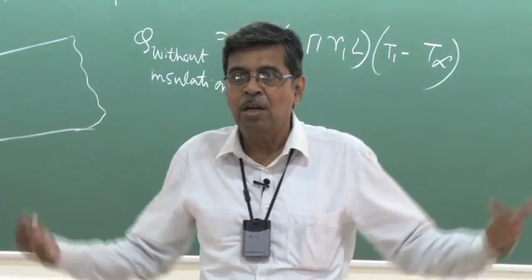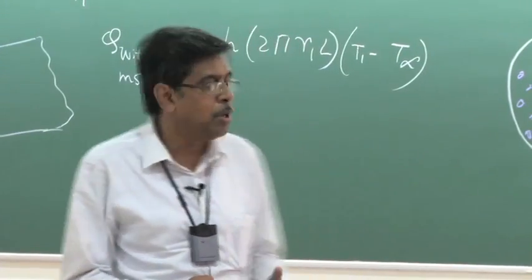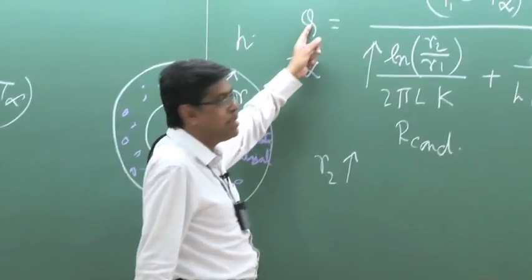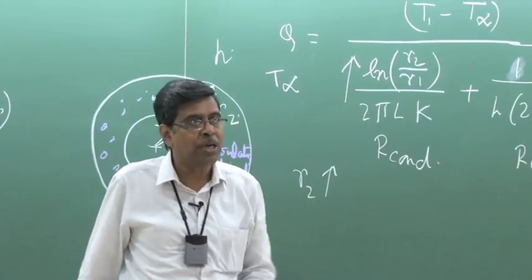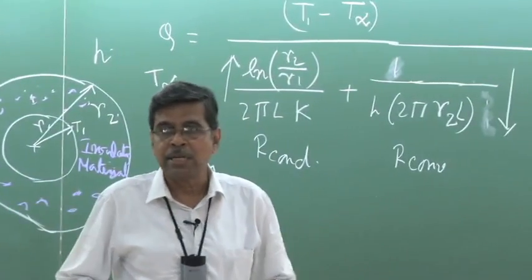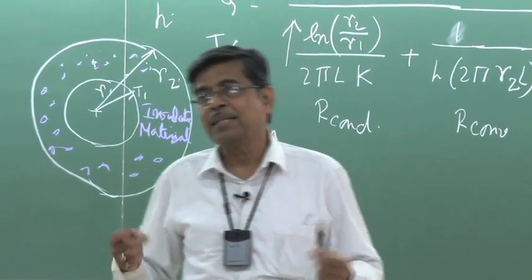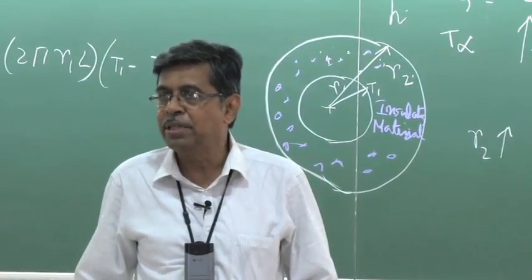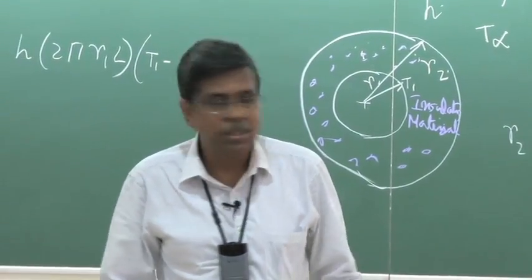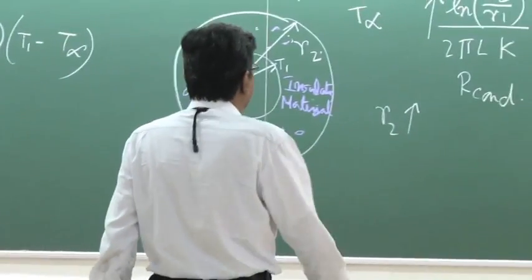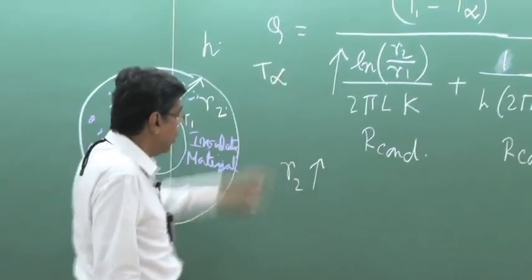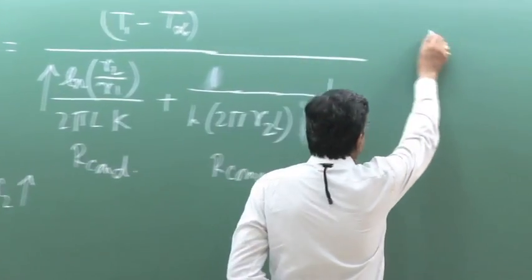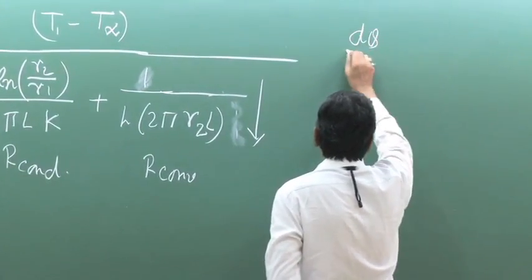So physically also we see there are two countering parameters, as observed mathematically, which means Q is not a monotonic function of R2, decreasing or increasing. That means Q has either a maximum or a minimum. Check it, it's all school level thing, whatever I am teaching. Now how to find out? We find dQ/dR and set it to 0.